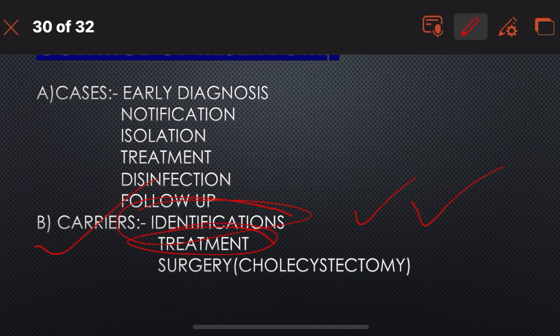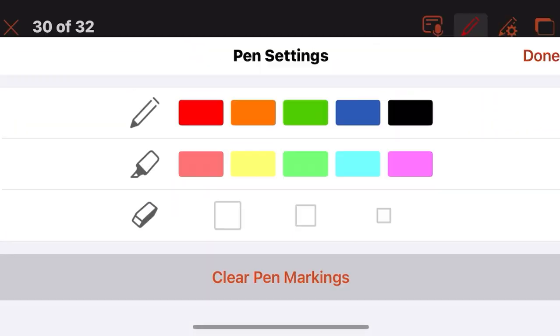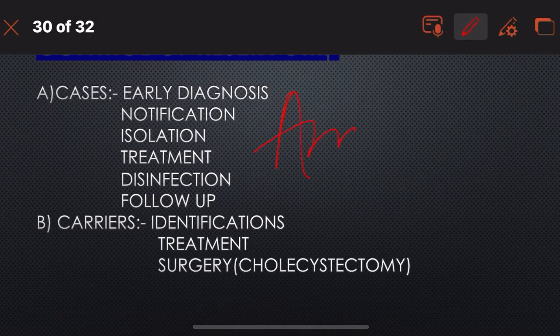The carrier should be given an intensive course of ampicillin or amoxicillin 4 to 6 grams a day, together with probenecid, extended spectrum penicillins. So we have ampicillin or amoxicillin.